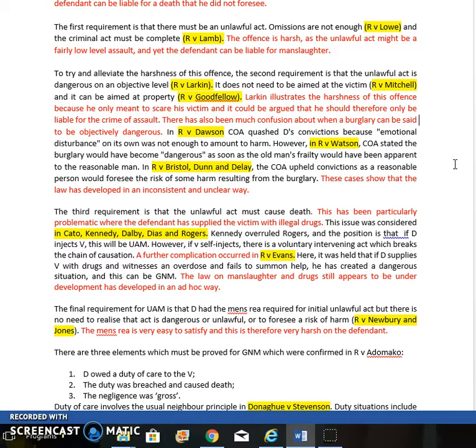So these cases show that the law is developing in an inconsistent and unclear way. There aren't particularly clear rules about when something's going to be seen as dangerous or not. And of course, that's a problem. We can't advise our clients properly.